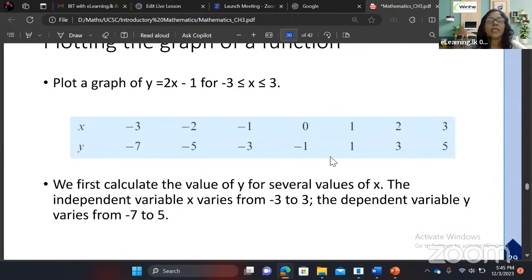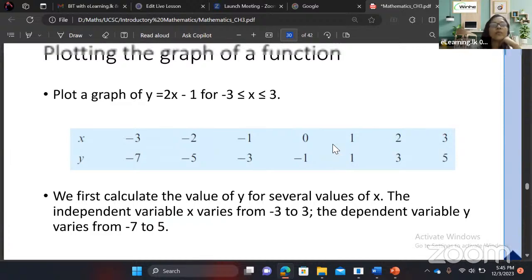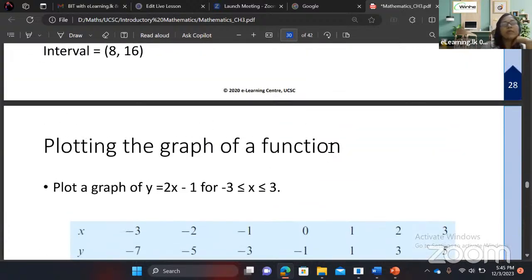Right. Then we will look at how to draw a graph when you are given the interval of x values. If the graph is in the form of y equal to 2x minus 1, then we call x the independent variable and y the dependent variable. Why do we say y is dependent? According to the given x value, y can change.